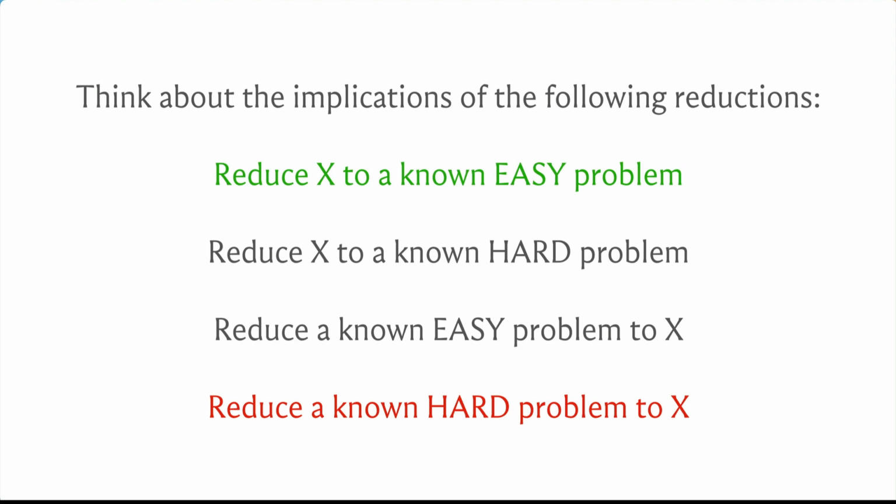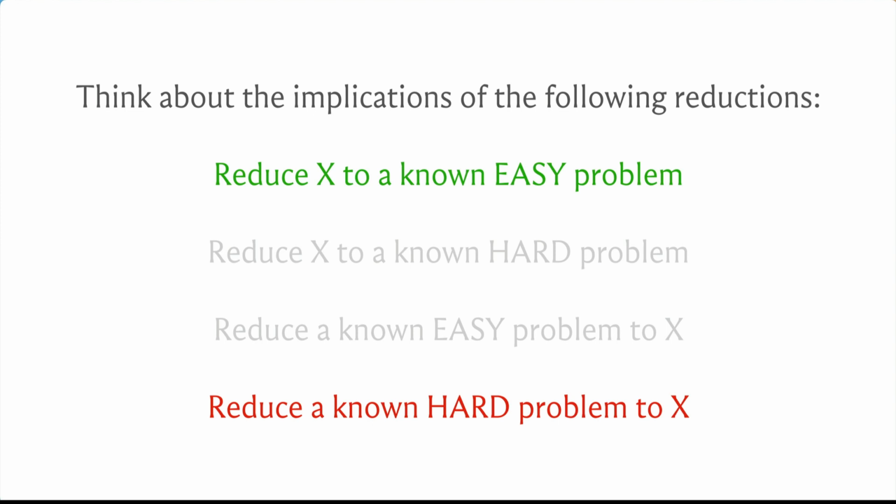The other two reductions, unfortunately, don't really give you anything meaningful. They may be valid reductions, but if you reduce to a hard problem, then you cannot leverage very much about the hard problem and recover an algorithm for your problem. And if you reduce from an easy problem to your problem, then you cannot make any claims about the hardness of your problem, nor can you use the algorithm for the easy problem in a meaningful way.